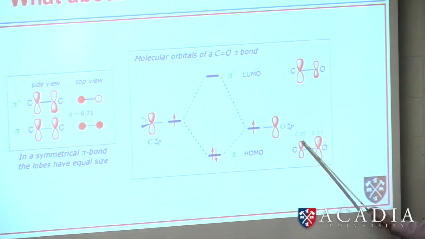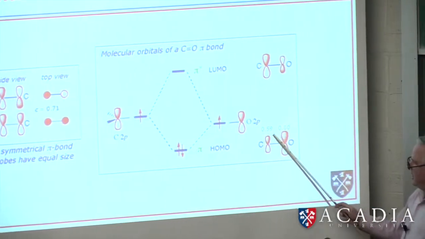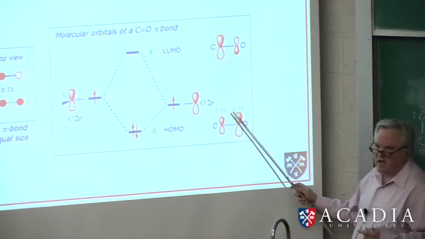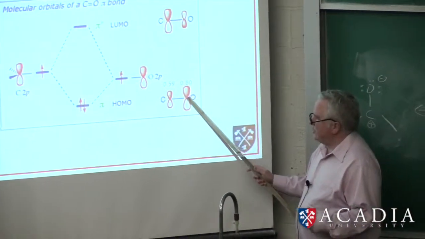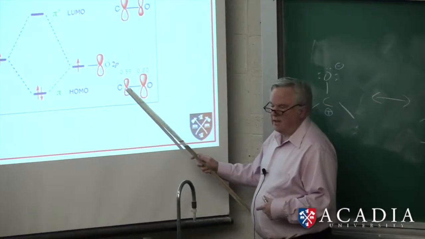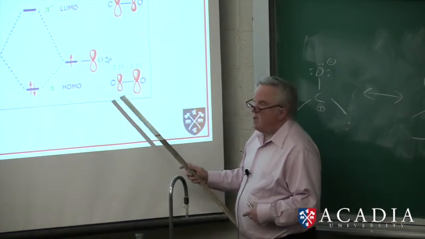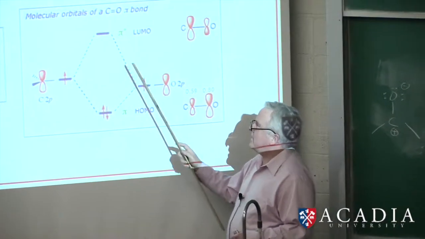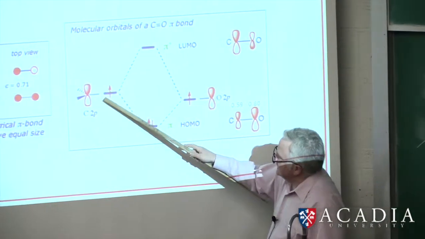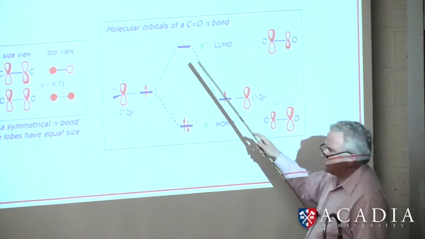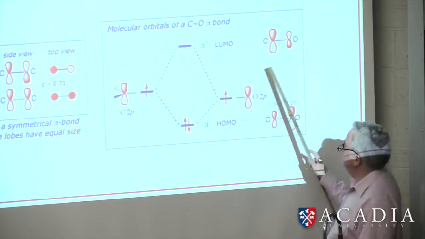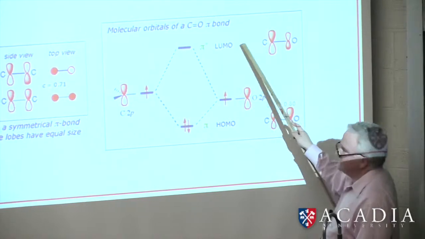This comes from molecular orbital calculations, and that's just the coefficient telling us the relative size of the orbital at those nuclei. So it's a little bit larger on the oxygen than it is on the carbon. Conversely, the carbon 2p is closer in energy to the pi star orbital than the oxygen 2p, so it contributes more to the pi star orbital.